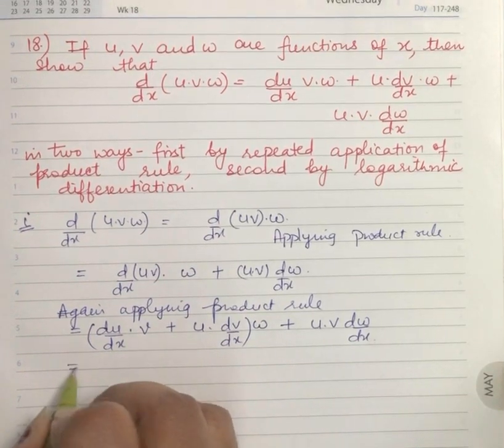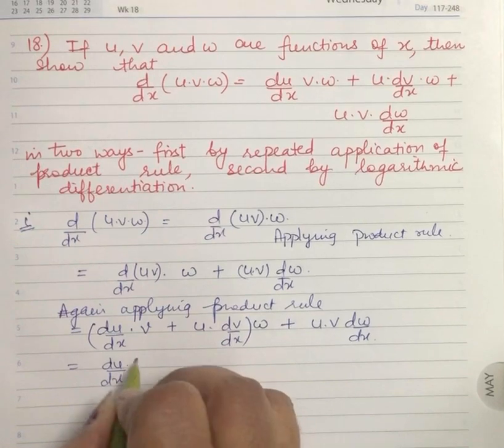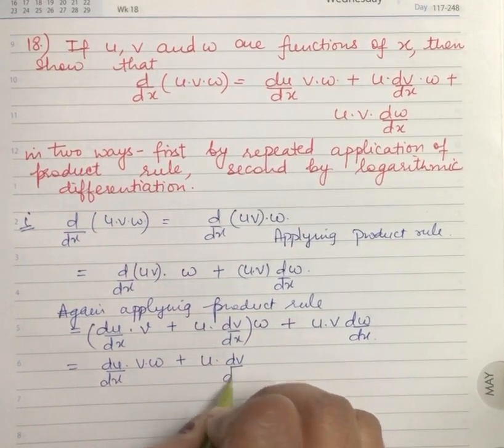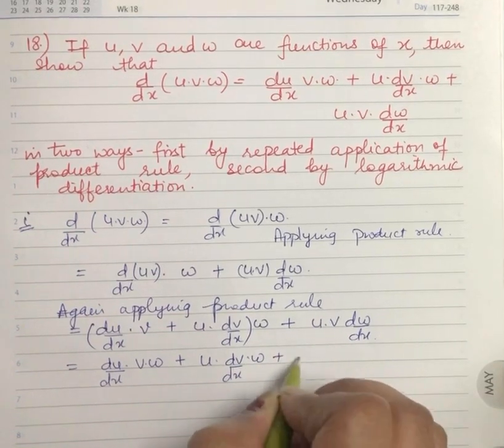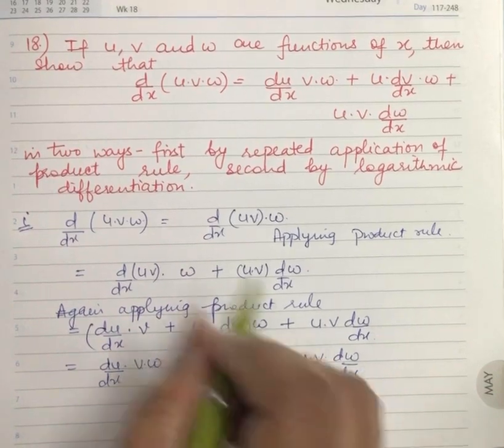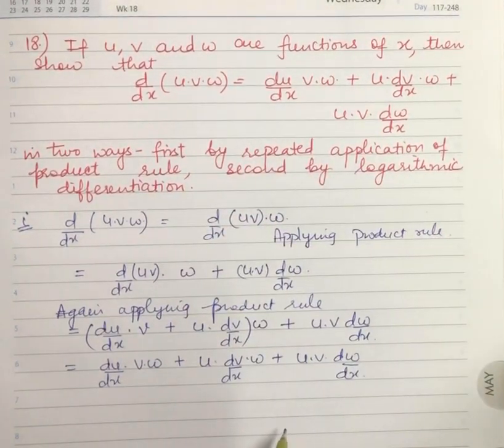On opening the bracket, we get du by dx into v into w plus u into dv by dx into w plus u into v into dw by dx. So we are getting the right hand side. So we have proved it.